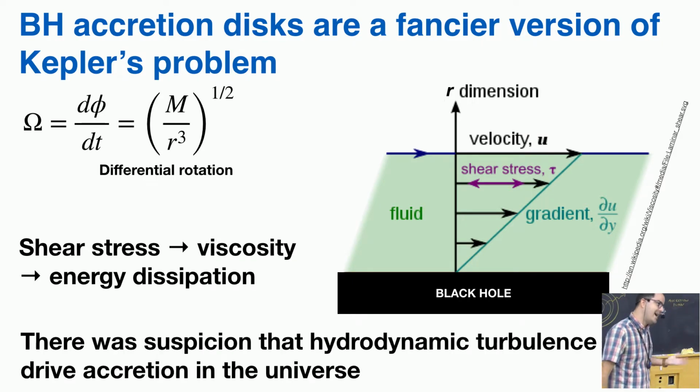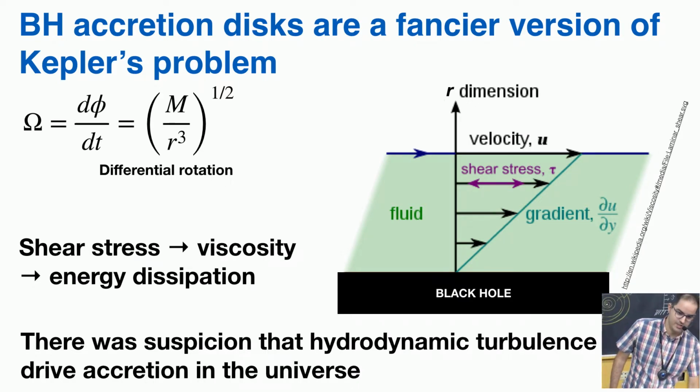So this led many theorists decades ago, once the observational discoveries were suggesting that you have generation of energy in black hole accretion disks, to suspect that hydrodynamic turbulence triggered by the shear stress in these flows could be responsible for driving accretion in the universe, okay?